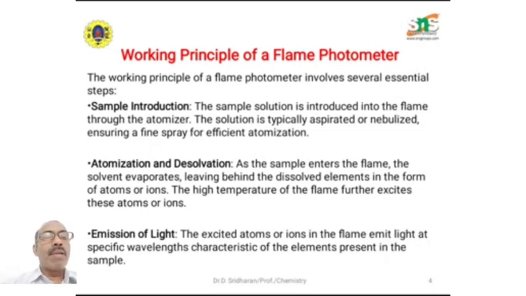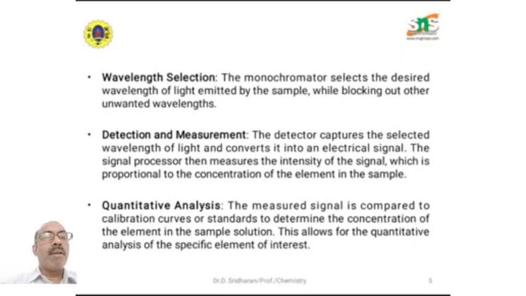Then emission of light. The excited atoms or ions in the flame emit light at specific wavelengths, characteristic of the element present in the sample. And we use different filters, that means a monochromator, which selects the desired wavelength of light emitted by the sample while blocking out other unwanted wavelengths.